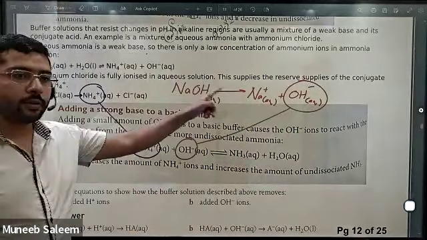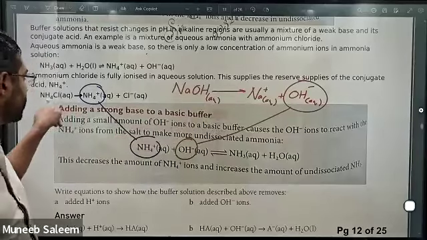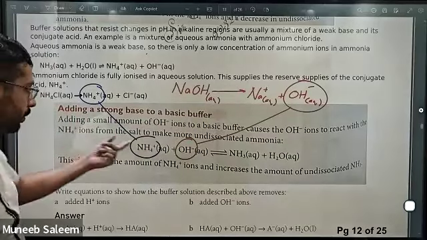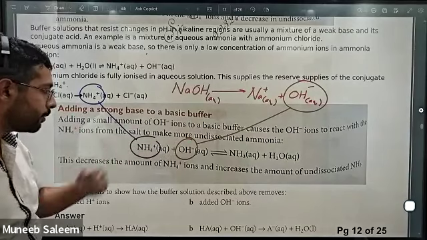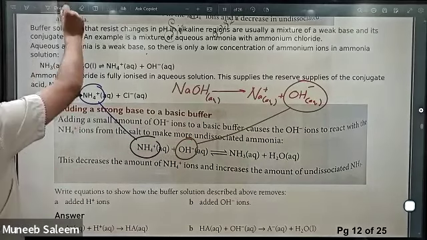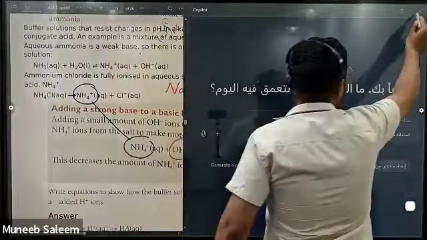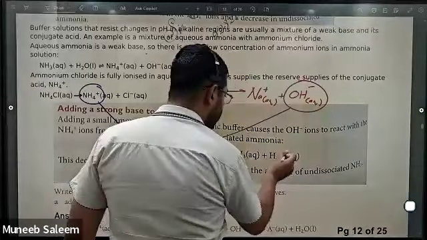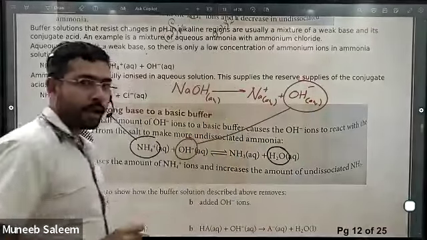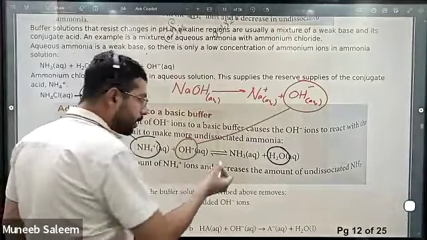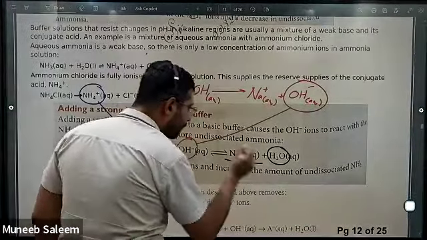So the strong base produces the hydroxide ions, and the salt of the weak base produces the ammonium ions. They will react with each other, and as a result there will be the formation of water, having a neutral solution, and the other product is the weak base.